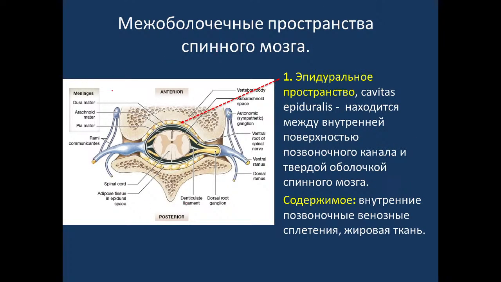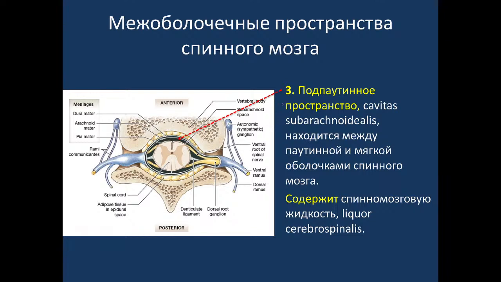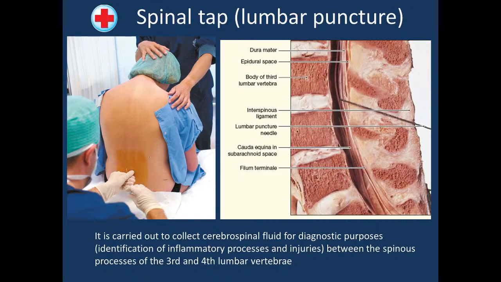Between the coverings we can find spaces: the epidural space here, the subdural space between dura mater and arachnoid, then the subarachnoid space between arachnoid and pia mater here, and this is all. Usually there is a procedure, spinal tap or lumbar puncture, which is carried out to collect cerebrospinal fluid for diagnostic purposes.